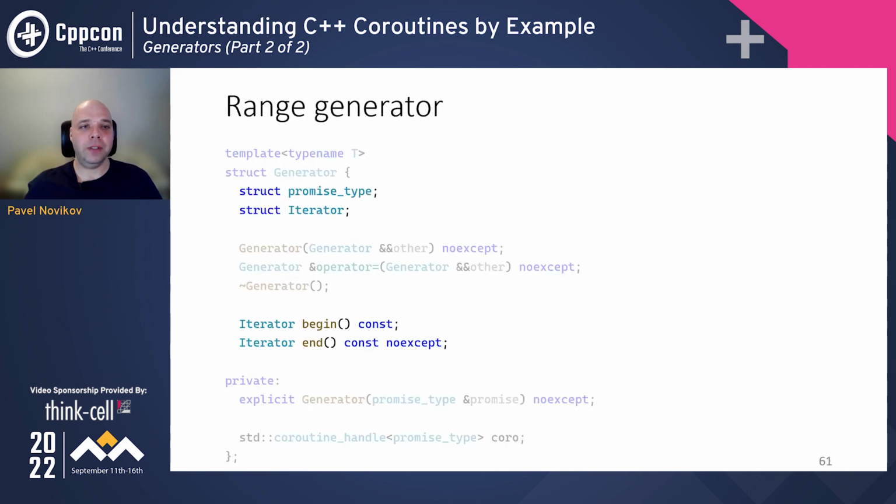So here are the things that we have to change in order to implement this interface. We have to change a little bit the promise type. We have to implement the iterator type. We have to add begin and end member functions to get iterators.